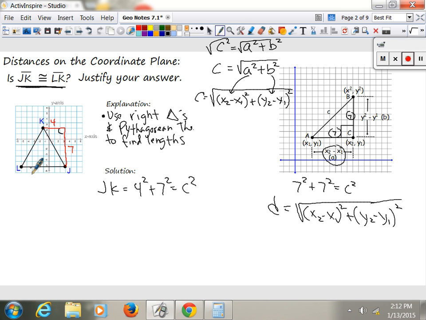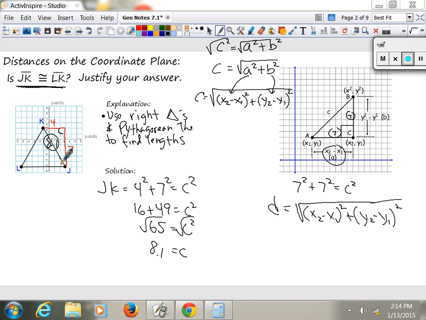A squared plus B squared will equal my C squared, which is my JK. So that's going to be 16 plus 49 equals C squared. 65 equals C squared. We'll square root it. C is going to be 8.1. So the first side, JK, is 8.1.